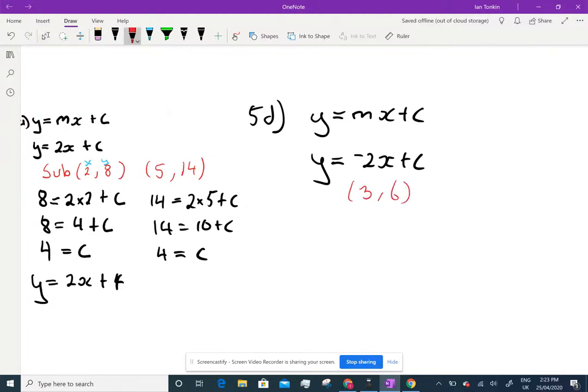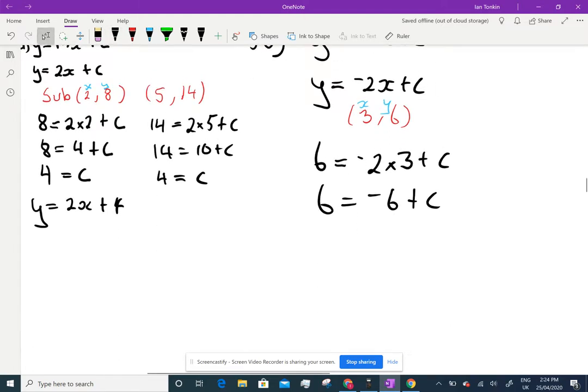It doesn't matter which one. They're not particularly harder than each other. And remember, that's your x and that's your y. So 6 equals negative 2 times 3 plus c. 6 equals negative 6 plus c. Add the 6 over, 12 equals c. So y equals negative 2x plus 12.